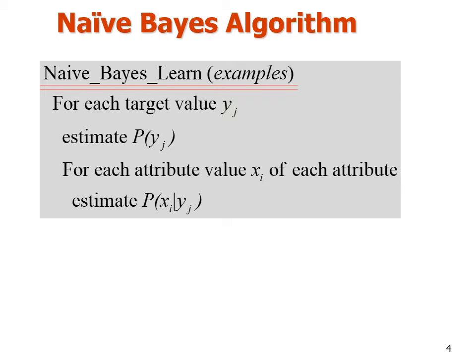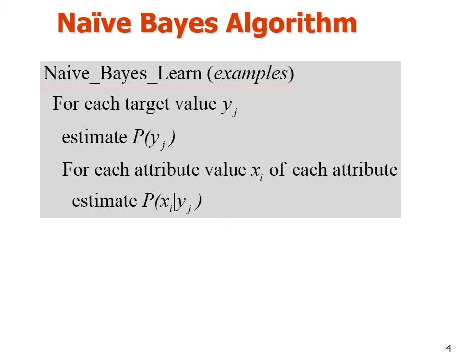So we have two nested for loops here. For each target value yj, estimate probability of yj. For each attribute value xi of each attribute, estimate probability of xi given yj. After doing this, we will get our learned classifier.